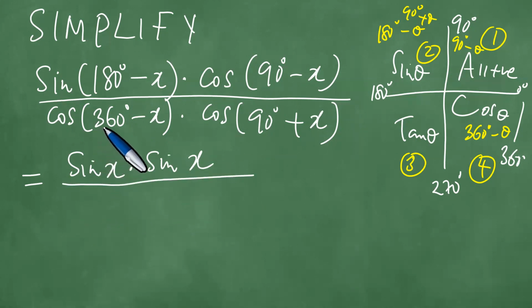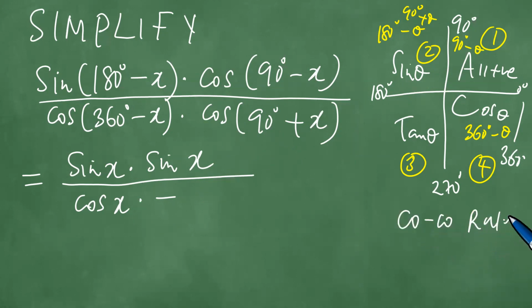In the denominator, you have 360 minus x. 360 minus theta is in the fourth quadrant where only the cosine is positive, and therefore the result is going to be positive cosine x. 90 plus is in the second quadrant. In the second quadrant, we know very well that only the sine is positive, and therefore the cosine becomes negative. But it's a co-function change because you have 90, so it's going to be sine.